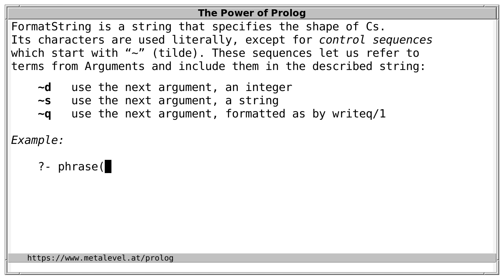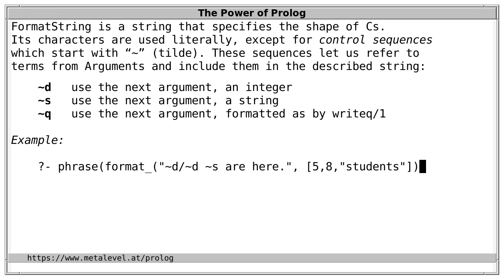So for instance, we can describe a string that says a certain number out of a certain total number of entities, which are specified as a string, are here. So this is the shape of the output we want to describe, specified as a format string. And in the list of arguments, we can specify these numbers and entities. And these terms would usually arise as part of the computation or maybe be read from a database and so on.